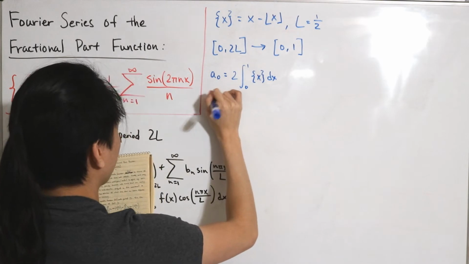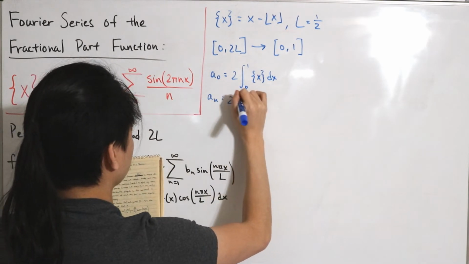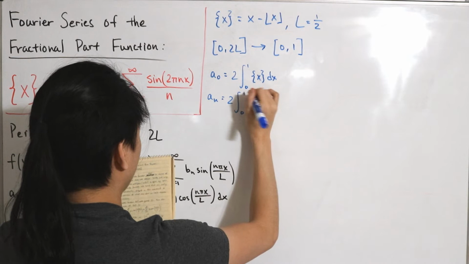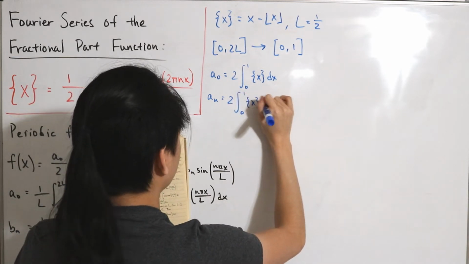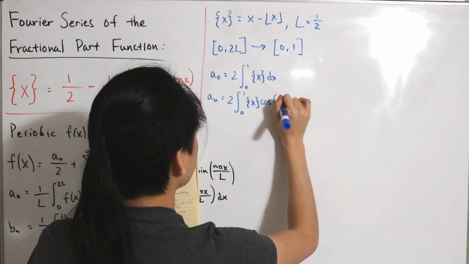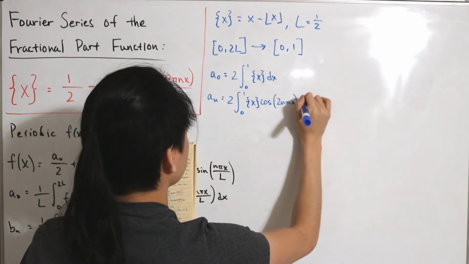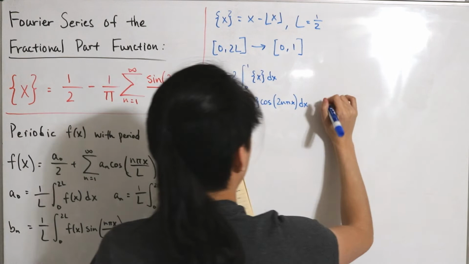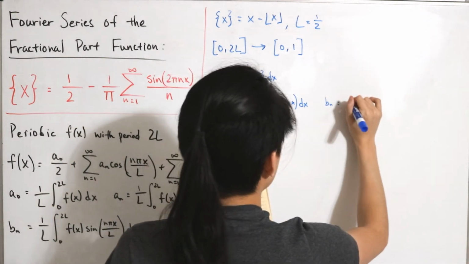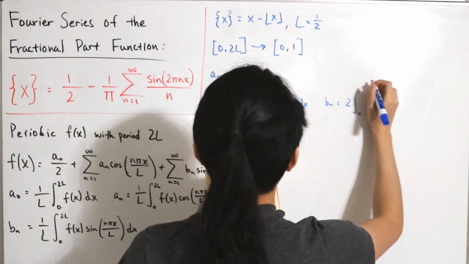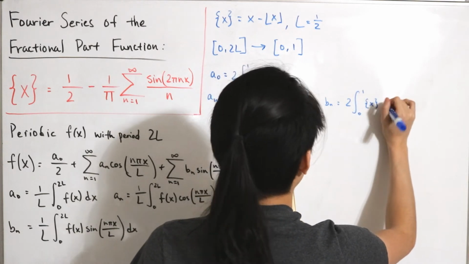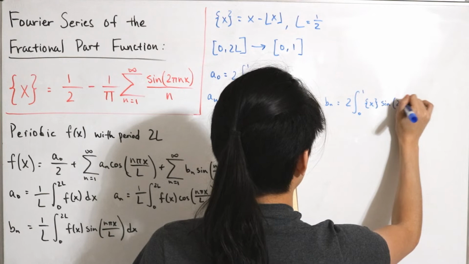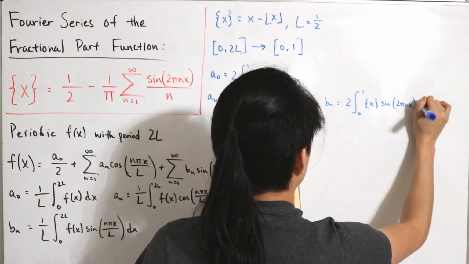Our a sub n is going to be 2 times the integral from 0 to 1 of the fractional part of x multiplied by cosine of 2n pi x dx, and our b sub n is going to equal the same thing, except this is dealing with sine. So fractional part of x, and then sine of 2 pi n times x dx.